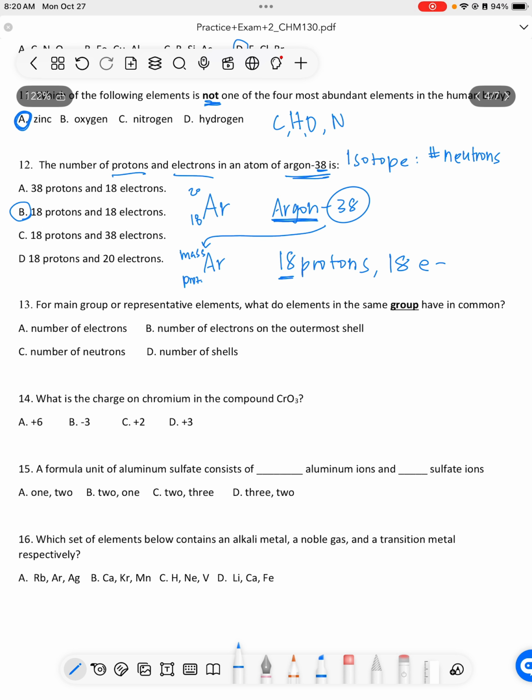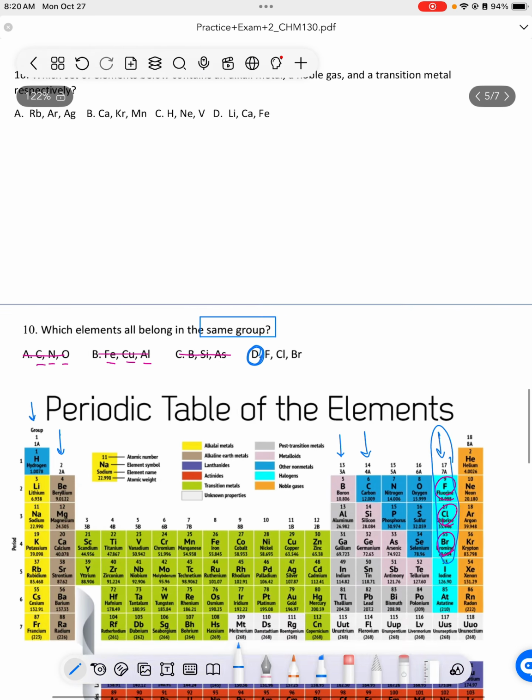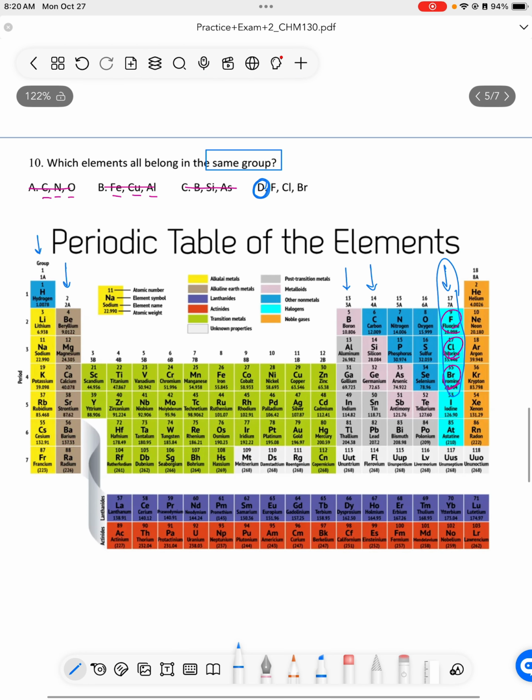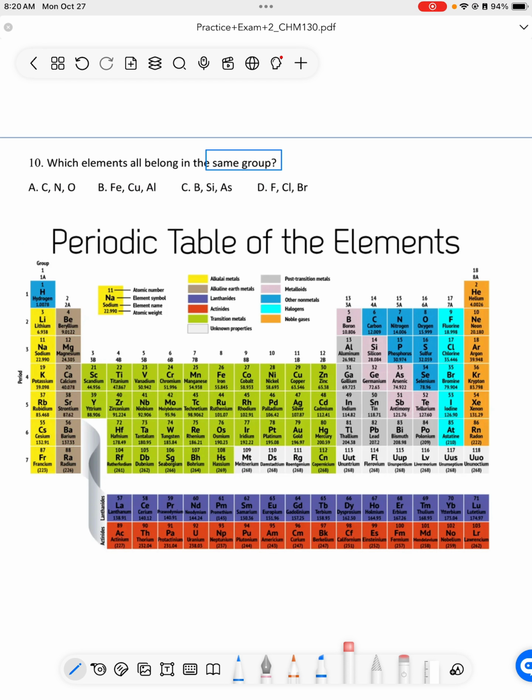Okay. For main group representative elements, what do elements in the same group have in common? So remember that the groups, let's go back to this guy right here. Let's erase all this. Okay, so these are our groups. Remember, these columns are our groups. So all of these guys are in the same group.